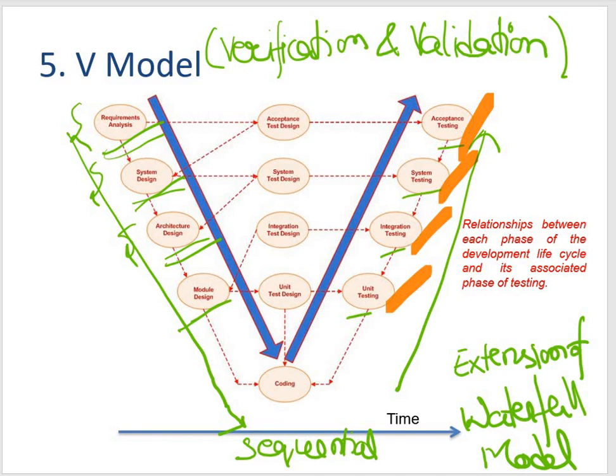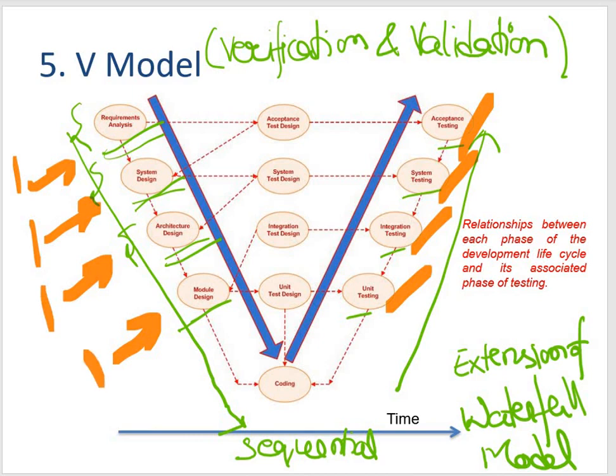This means for every single phase in the development cycle, there is a directly associated testing phase. And just like your waterfall model, this is also a very strict model, and your next phase starts only after the completion of the previous phase.